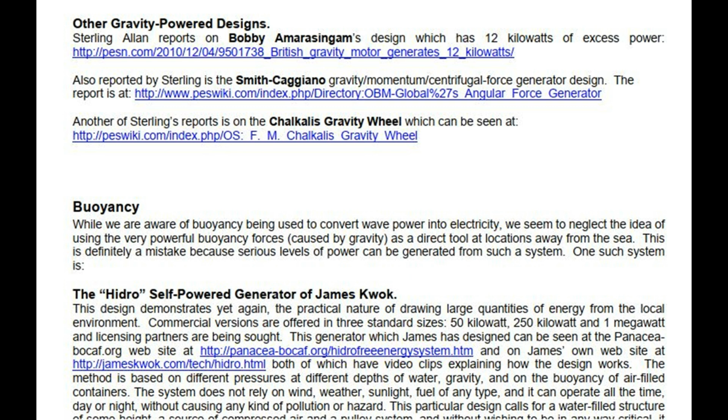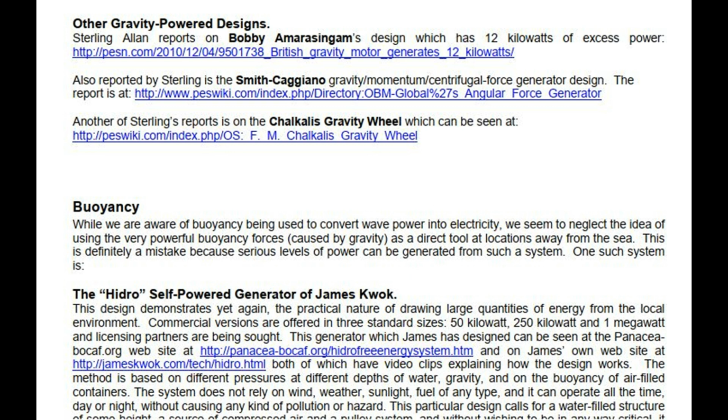Another of Sterling's reports is on the Chalk-Ollie's gravity wheel.